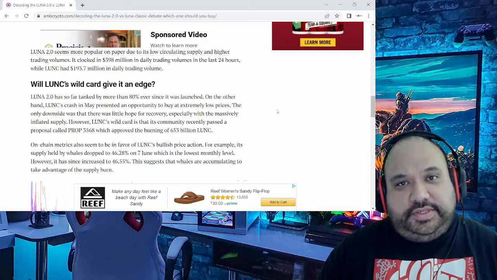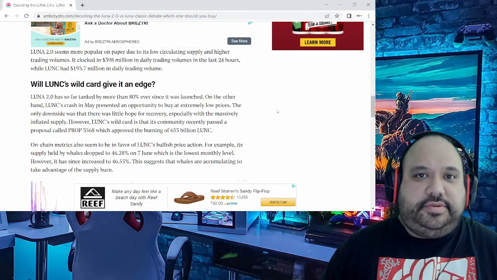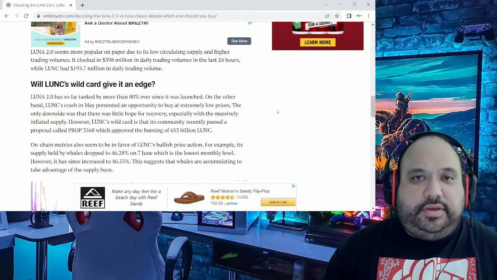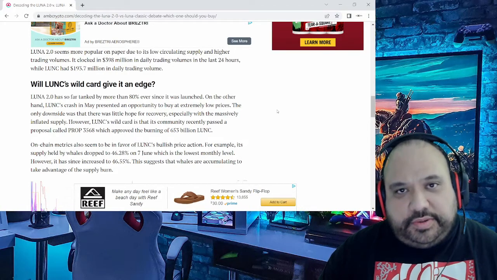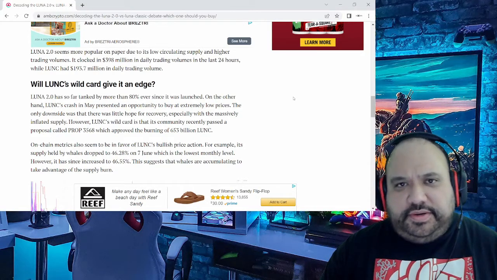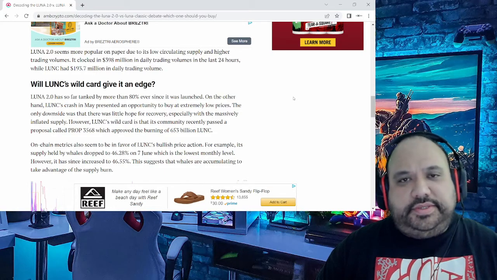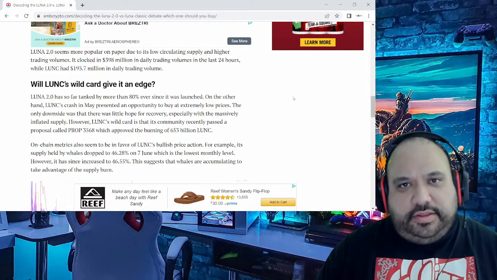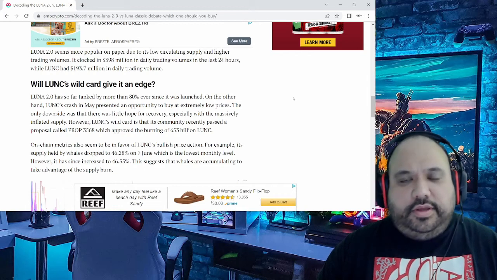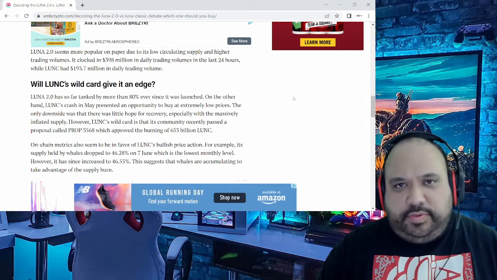The only reason why I would buy any of these would be for like a lottery ticket. For me personally, Luna Classic is the lotto ticket, if you will. At the current time, I just don't feel as though Luna 2 or Terra 2.0 is that big meal ticket that people were hoping for. What was the big hype behind it?